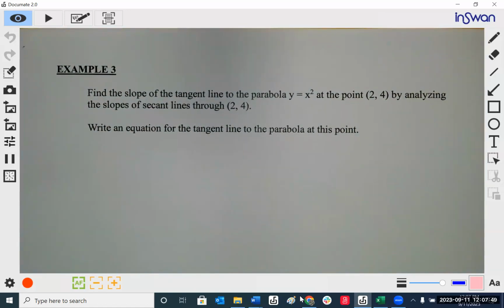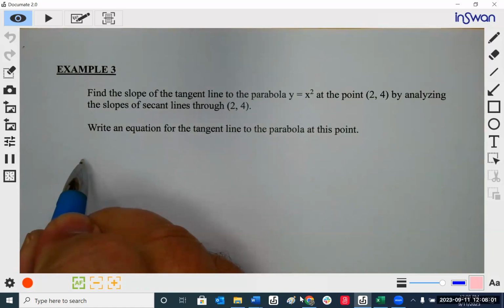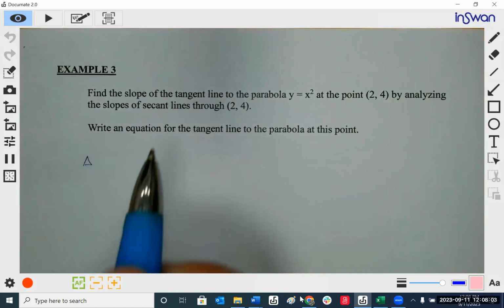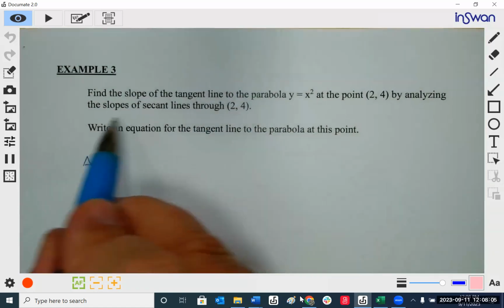So what do we do first? What formula are we going to use? Right, but we're looking for the slope of the line tangent to the curve.